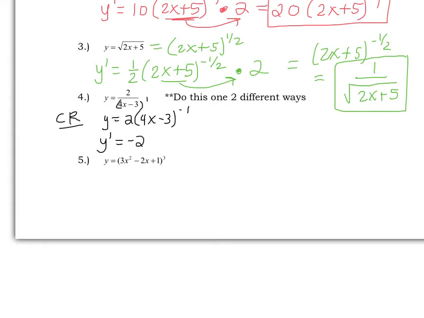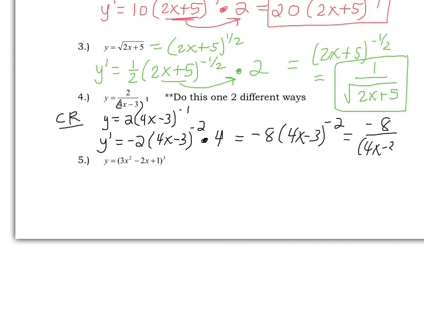So multiply down, we have 4x minus 3 on the inside, subtract 1, we have negative 2, and we're chaining along a 4, which is the derivative of the inside. So that gives us negative 8 times the quantity 4x minus 3 to the negative 2, which is the same as expressing this as negative 8 over 4x minus 3 to the positive 2.